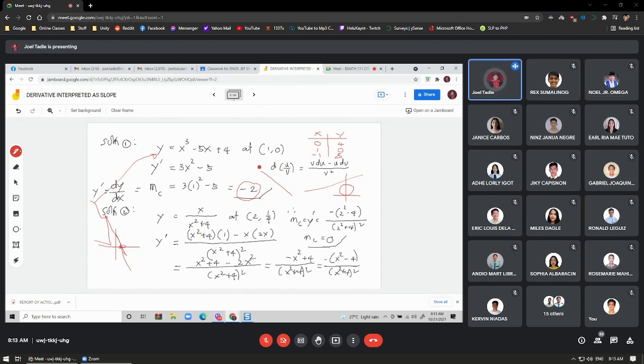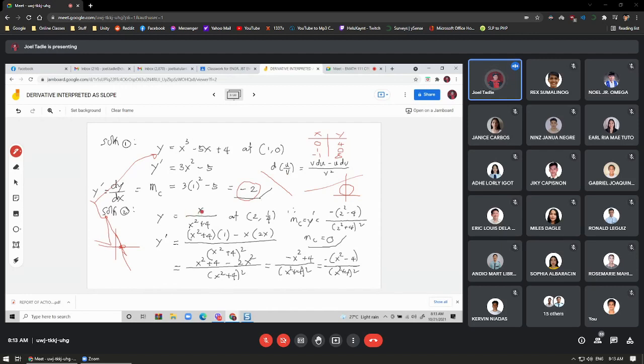Okay, ang atong formula v du minus u dv over v squared. So take note, the v function is the denominator, the u is the numerator. So copy the denominator, then multiply by the derivative of the numerator.